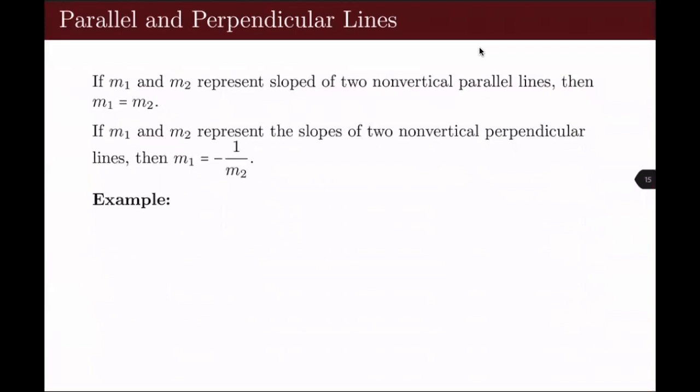Next is parallel and perpendicular lines. If M1 and M2 represent slopes of two non-vertical parallel lines, then M1 equals M2. So all this means is parallel lines have the same slope.